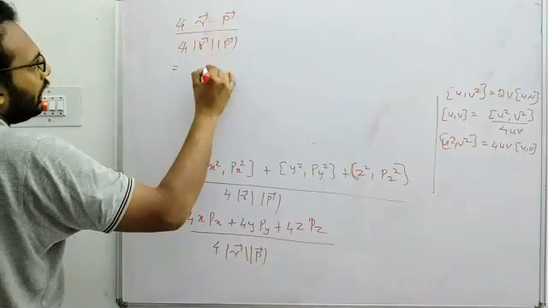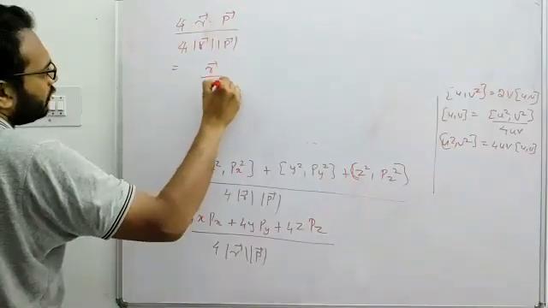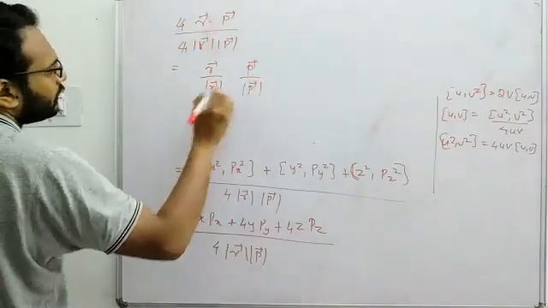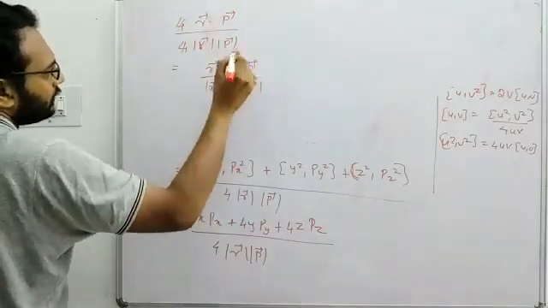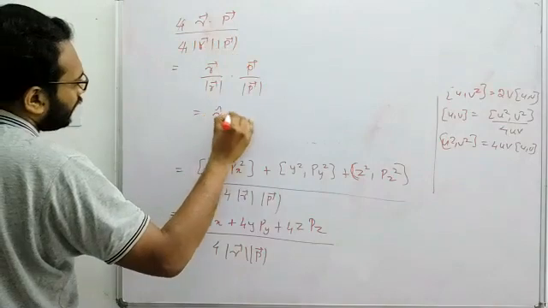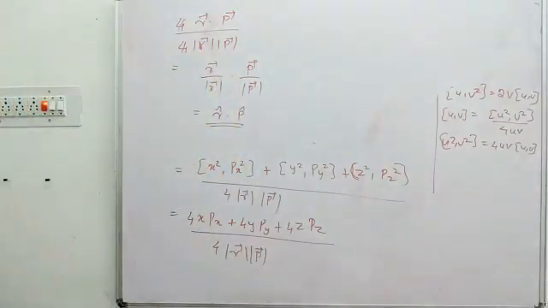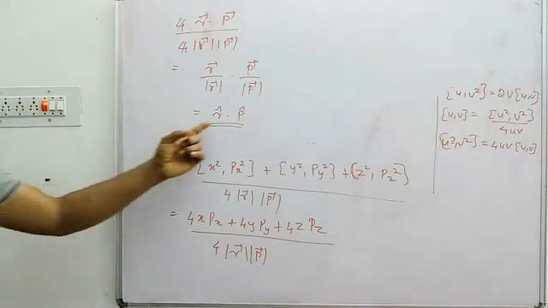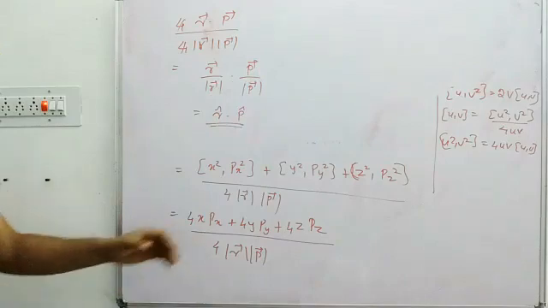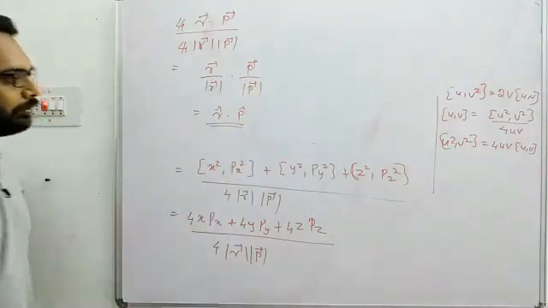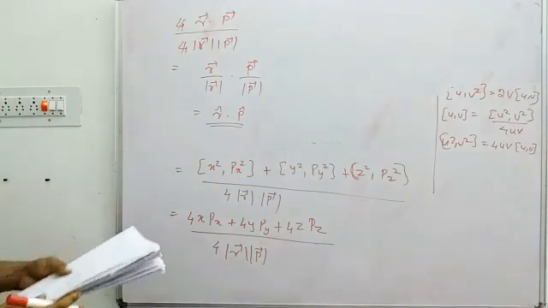This is equal to r vector divided by modulus of r vector, multiplied by p vector divided by modulus of p vector. And that's equal to r cap dot p cap, because this is the definition of the unit vector. The r vector divided by its magnitude gives just the direction r cap, and the p vector divided by its magnitude gives just the direction of the momentum, which we write as p cap. So the answer is r cap dot p cap.